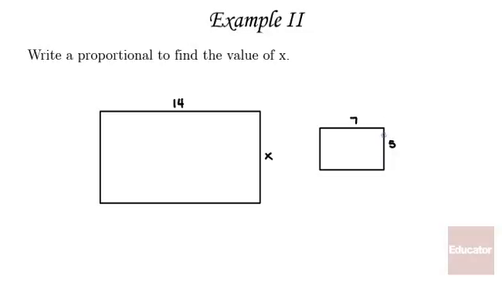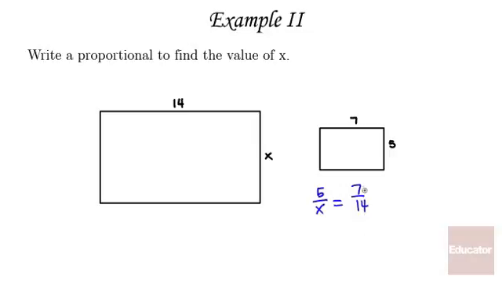So 5 corresponding side is x. So 5 over x equals, stick with the same one first, 7 over 14. Okay, you can write it like that, or you can start with this one first. Doesn't matter, as long as you stick to that order.